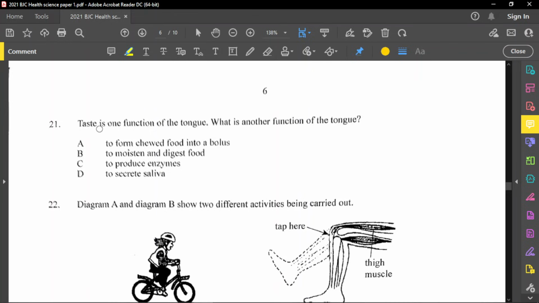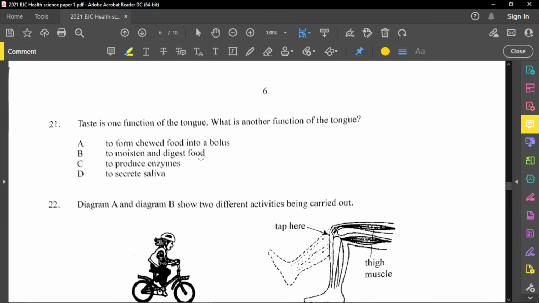It also helps in digestion, in terms of churning food in the mouth, mixing food with saliva and so on. All right, so option A said to form chewed food into a bolus, which is looking good because it actually turns the food and mixes it up, and bolus means a ball-like portion of food. So if food mixes with saliva, it will be able to go down into the esophagus.